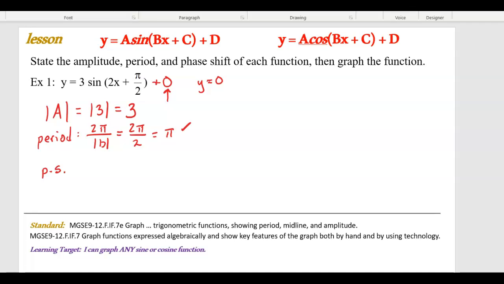All right, so the phase shift is the opposite of the C value divided by the B value. The opposite of C is negative pi over 2, over the B value, which is 2, which is negative pi over 4. Once again, if you are good at anything when you're done with trig, you're going to be really good at manipulating fractions, operating on fractions.